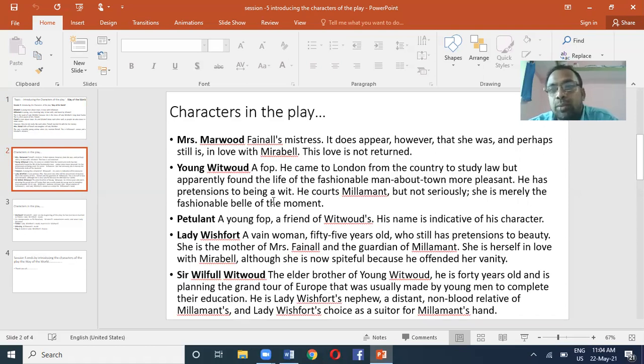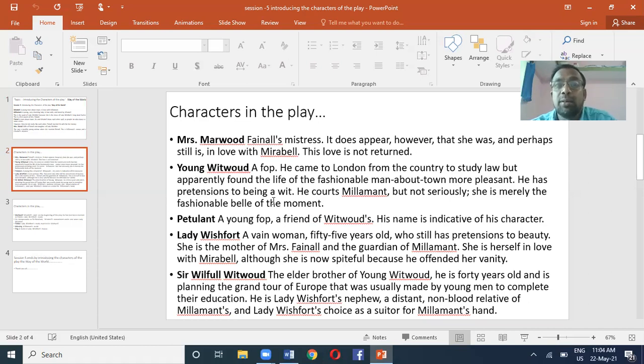Mrs. Marwood, another important character. Mrs. Marwood, Fainall's mistress. You know that Fainall already married the daughter of Lady Wishford, that is Mrs. Fainall. And Mrs. Fainall in turn loved and could become mistress to Mirabel.